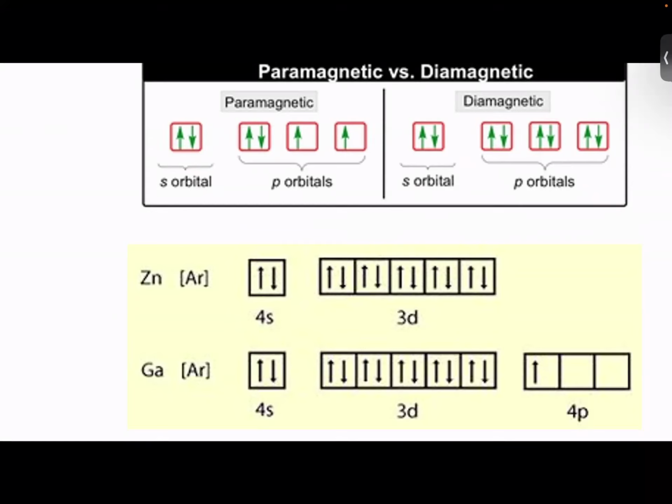I know paramagnetic is kind of counterintuitive because you think it automatically has the word pair in it, but it's not. Para, P-A-R-A, does not mean paired. It means that they are unpaired. That's the thing you gotta know. Para means that you got some unpaired electrons. Dia means you got them all paired up. The word magnetic just describes whether it is going to wind up being magnetic or not.